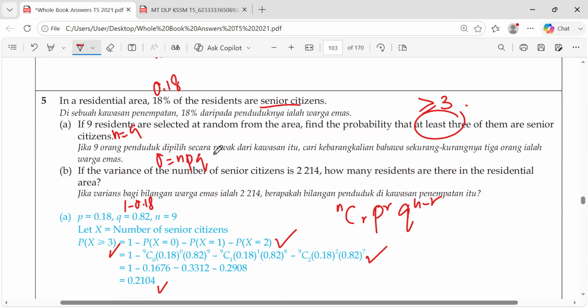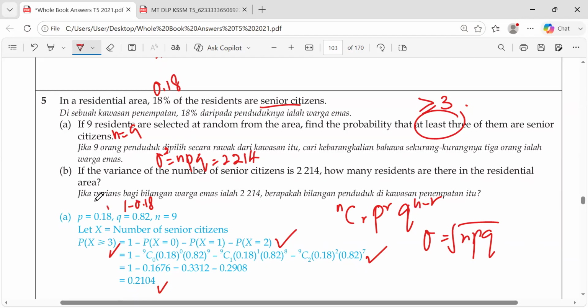If the variance, what is variance? This is variance. This is standard deviation. If the variance is 2214, how many residents are there in the residential area?